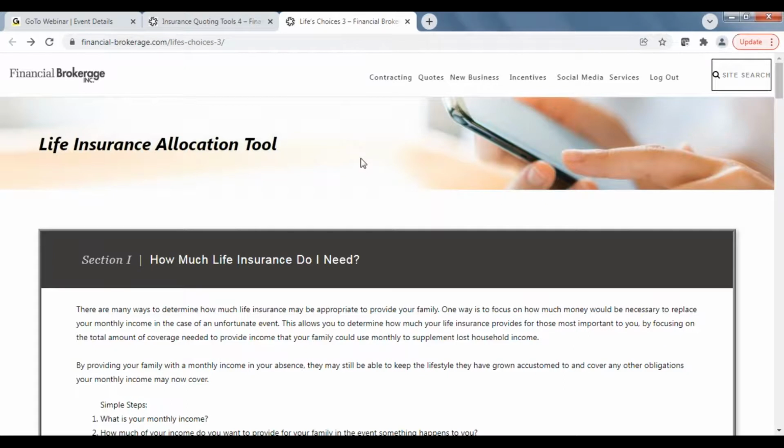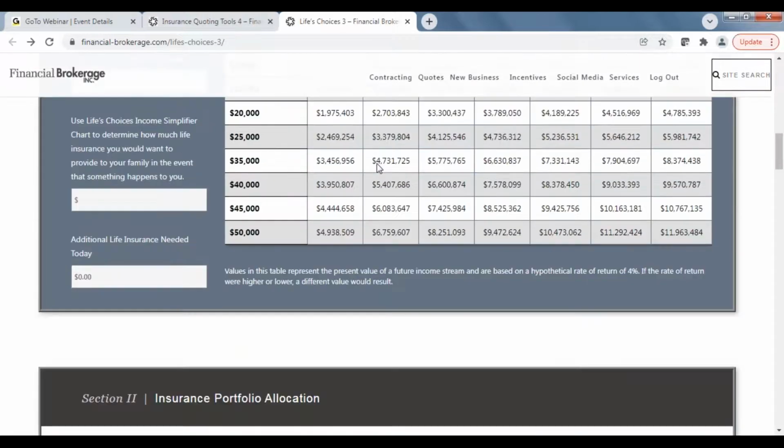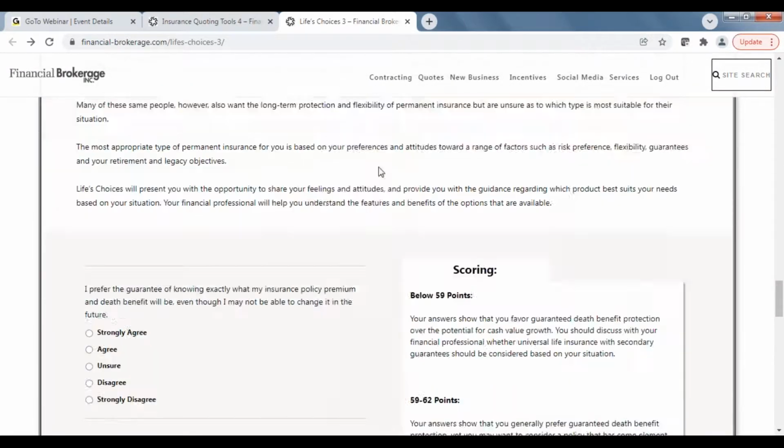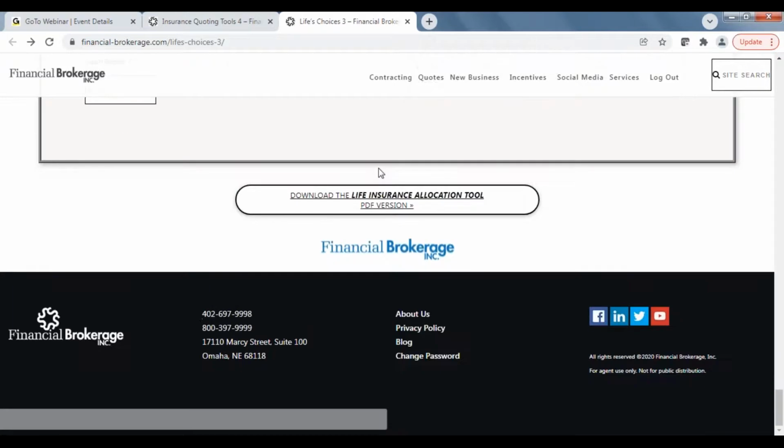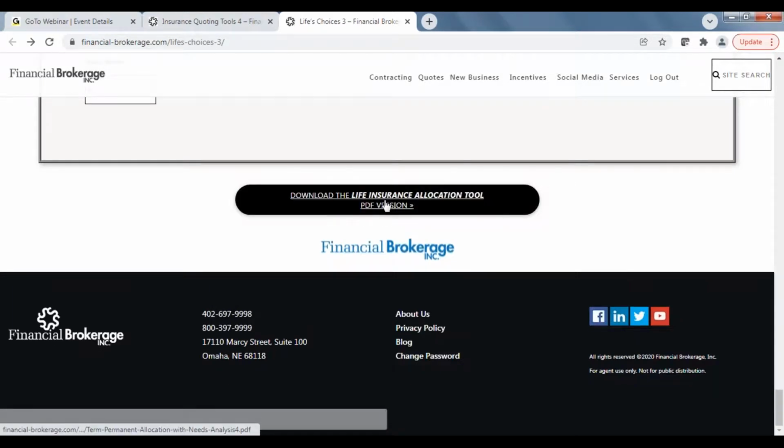Now, we have 2 versions of this life insurance allocation tool. We have the online version, which you can access after you've logged into our website. Your clients are not able to do that, so if you scroll down to the very bottom of this questionnaire, you'll see a PDF version which you can download.